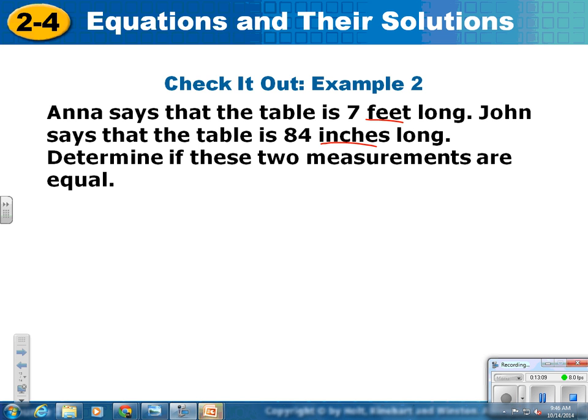There's another number that we have to deal with that isn't written here. It's a number you should know. That number is how many inches are in 1 foot. And how many inches are in 1 foot? 12. So we take 7 and we multiply that times 12. And 7 times 12 is 84.